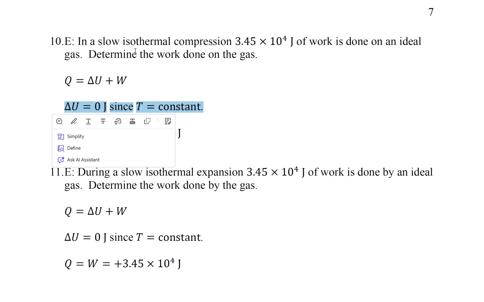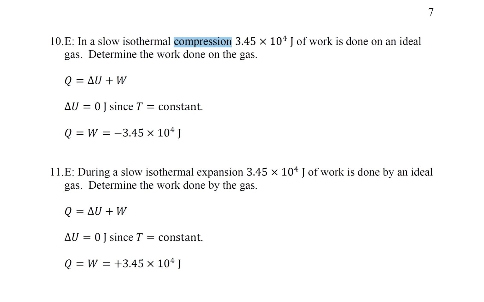If temperature is constant, kinetic energy is constant, average speed is constant, okay? It says compression, so work is going to be negative. So delta U is 0, work is negative, so Q has to be negative.